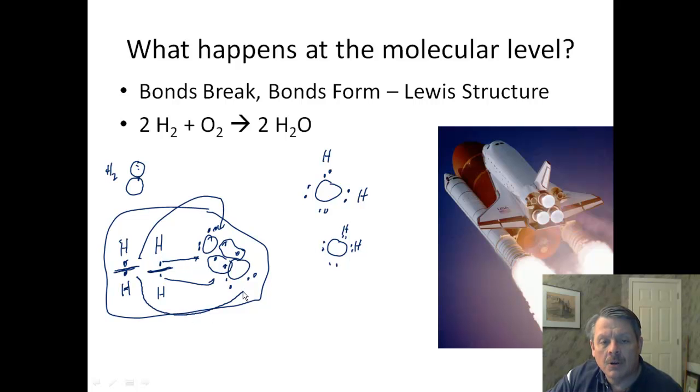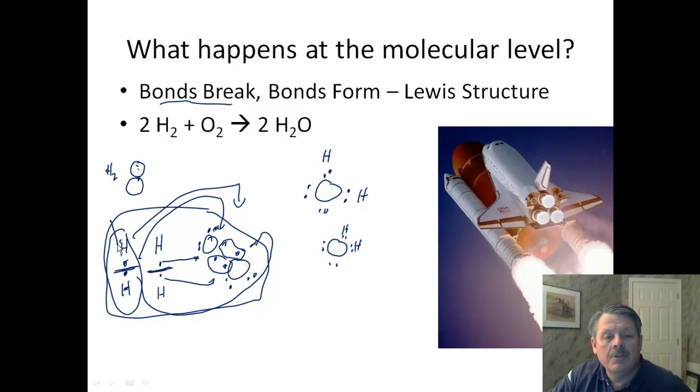So again, orientation, you can see, is important for those electrons to get over there. So this H2 would have to be kind of over here to make this happen. And the electrons all shift around and get bonded with different things. So we have bonds breaking and bonds forming, and to break bonds takes energy, right?